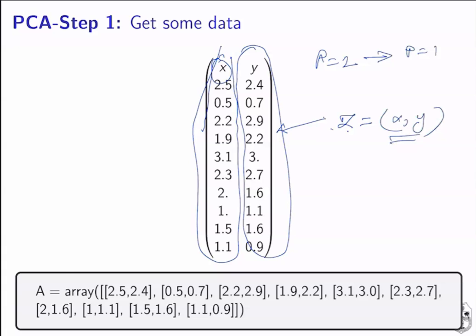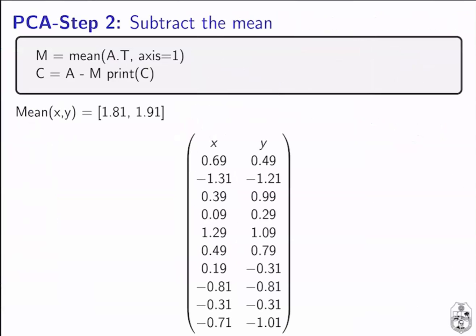This is the way in which you define an array in Python. The same data is implemented as a Python statement to define a two-dimensional array. It has 10 rows and 2 columns. If you want to calculate the mean in Python, you can calculate it by this method.